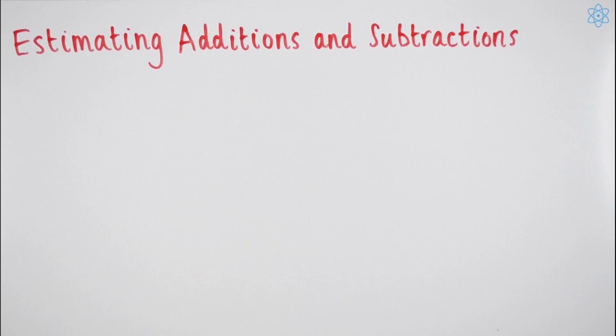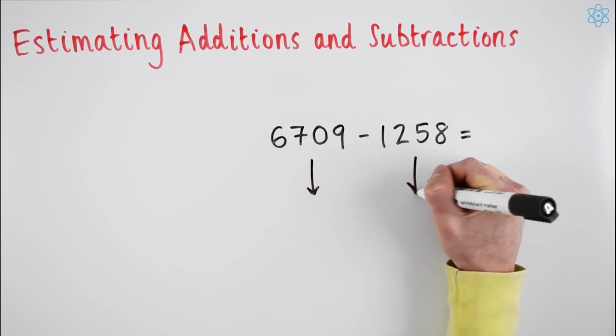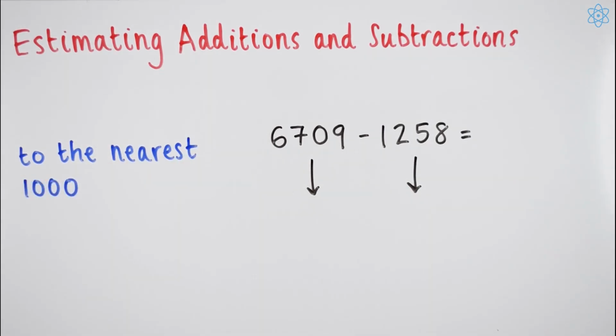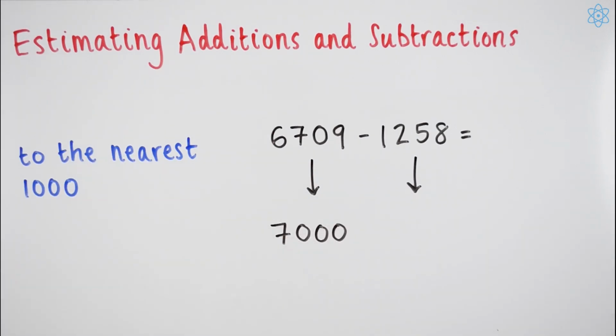Imagine you had to work out this calculation. To estimate the answer to this subtraction, we can round 6,709 and 1,258 to the nearest 1,000. To do this, we check the hundreds digit in each number. 6,709 rounds up to 7,000, and 1,258 rounds down to 1,000.